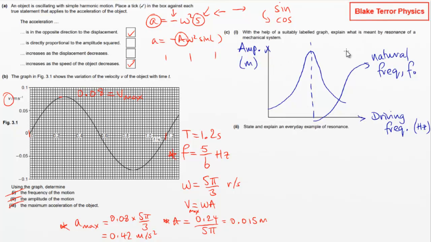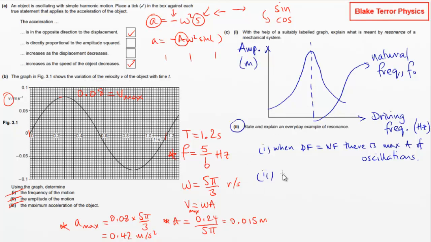So yeah, you can then say something along the lines, remember we've got to come back to this part of the question, but for this one you'll want to describe this really and say when driving frequency equals natural frequency, there is maximum amplitude of oscillations. But write it in more of a sentence rather than note form.